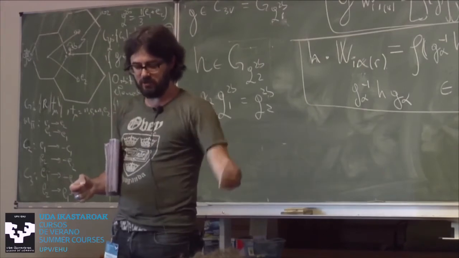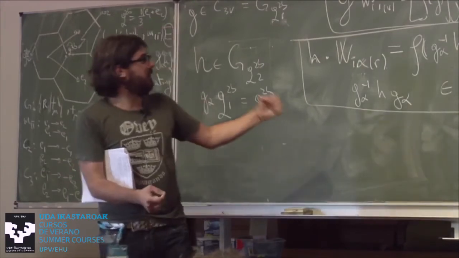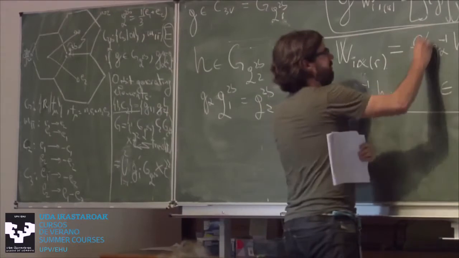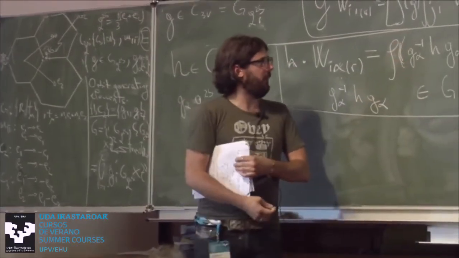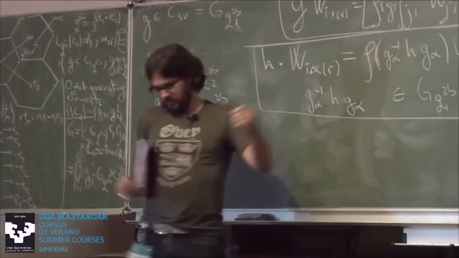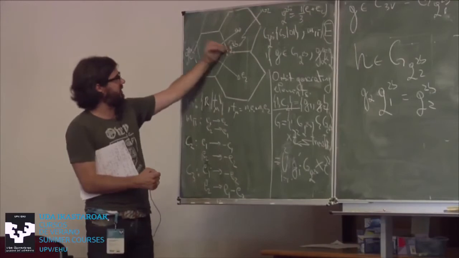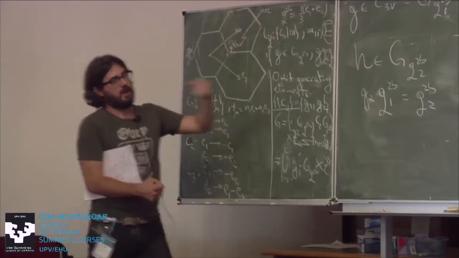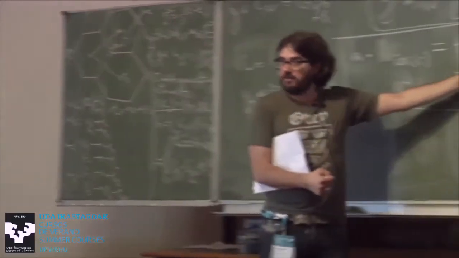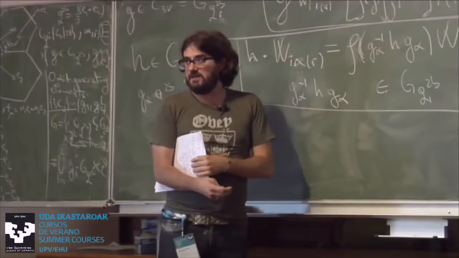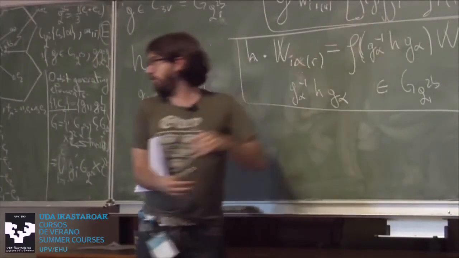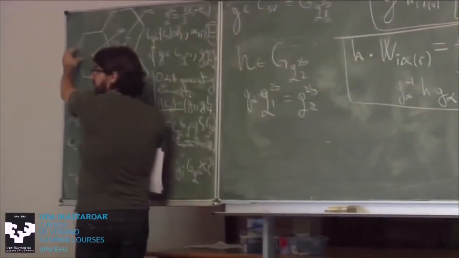You know the representation on this one. Then you just look at the elements of this group and ask what is the representation of this group, knowing this one and knowing the action that takes me from here to here. And these are the matrices. This is the representation. It's basically just rewriting this representation here in the local frame of coordinates of this site.